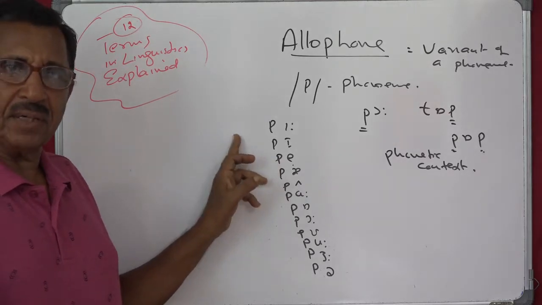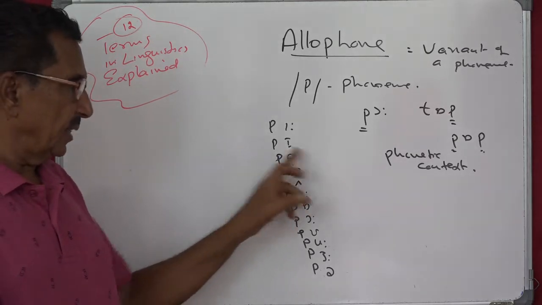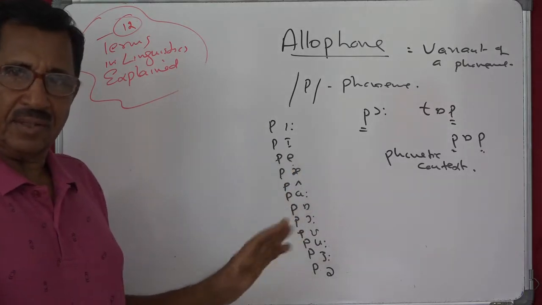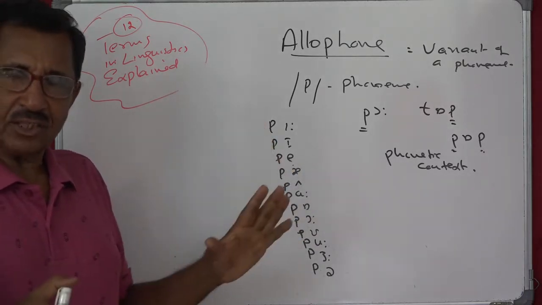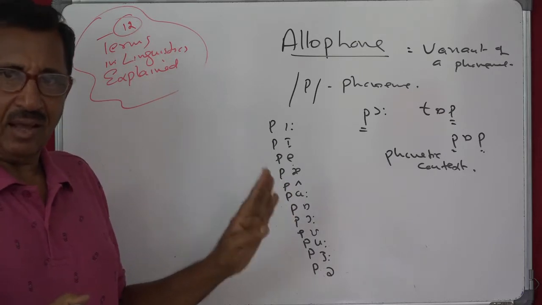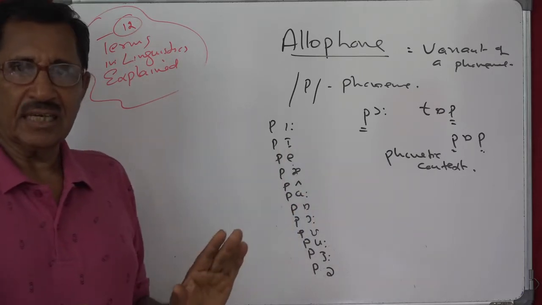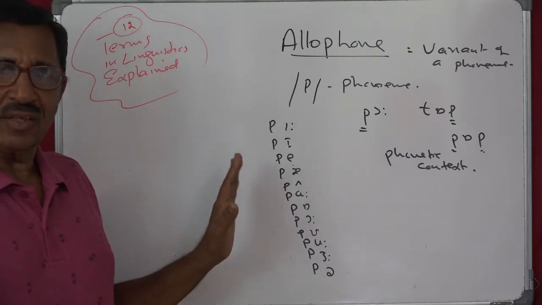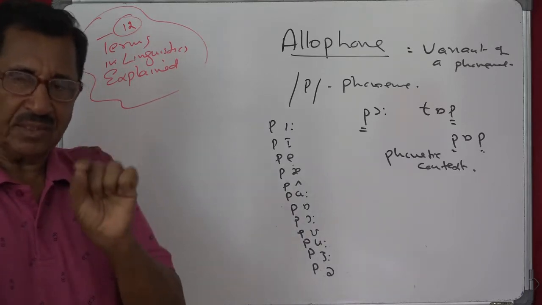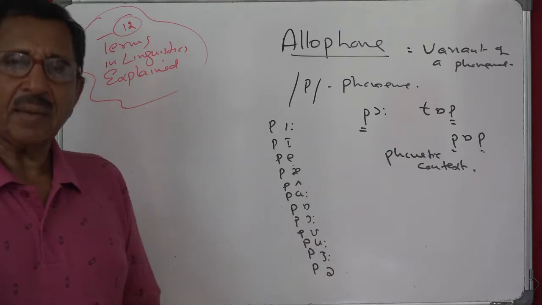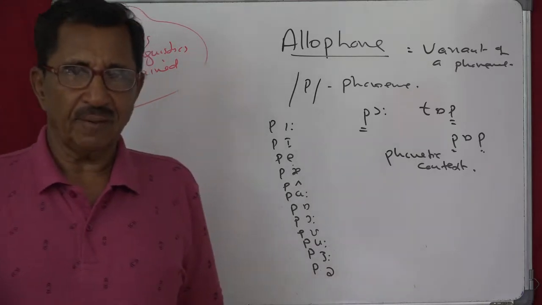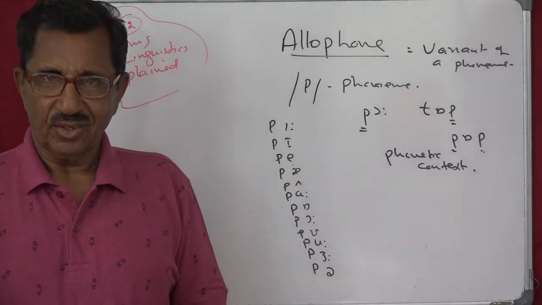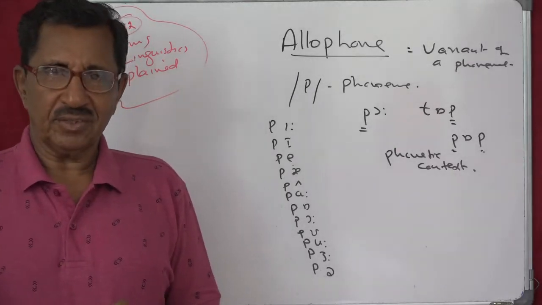We don't say P-E. But the next vowel, the vowel near to it, influences the pronunciation of the P sound. This I am just giving as an example. This happens with all the 24 consonant sounds in English.